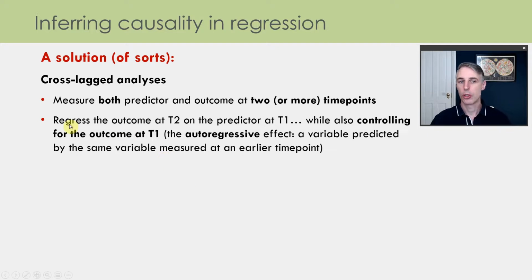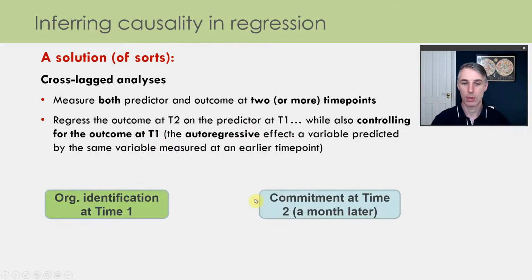So you've got at least 2 measures of each. Then what the researcher can do is run 2 multiple regression analyses. So what you do is firstly you regress the outcome at time 2, so let's say commitment measured at time 2, on identification at time 1, the predictor at time 1, but now also controlling for the outcome variable measured at time 1. So you're controlling for commitment at time 1. Okay, so let's just see that.